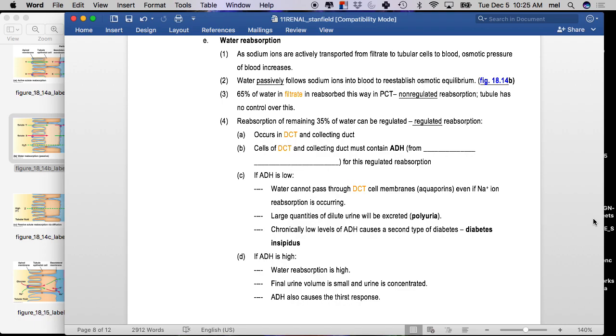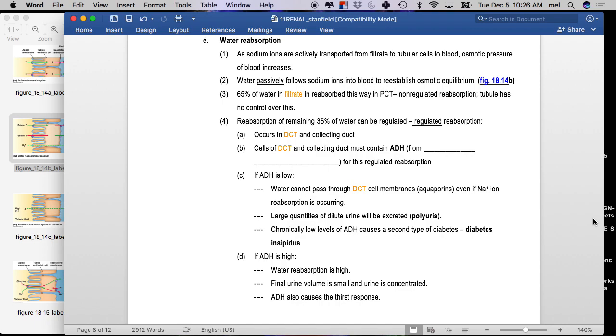The DCT. ADH allows water to follow sodium at the DCT. Does that make sense? And so you're going to reabsorb more water. So, note to self, you needed an entire semester of physiology to note that if you drink less, you pee less. You are so welcome.